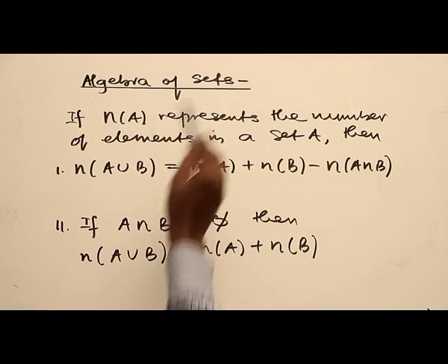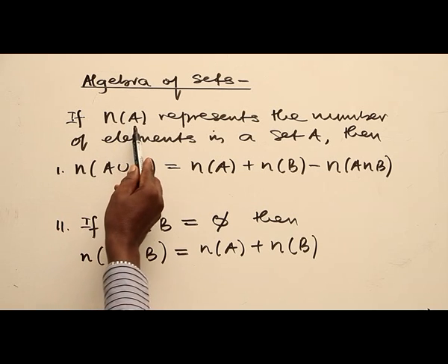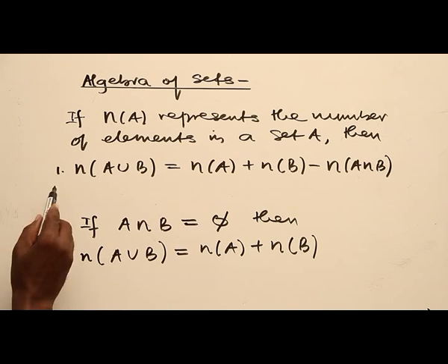Algebra of sets. Let us look at the algebraic format for calculating problems on sets. Now, if NA represents the number of elements in a set A, then 1.